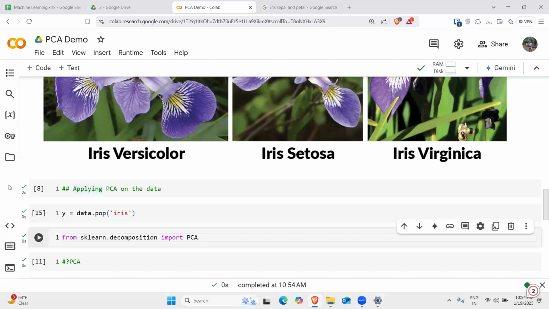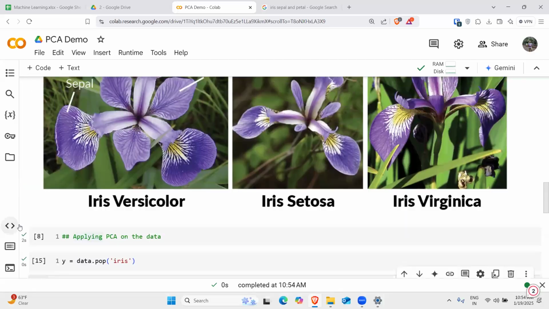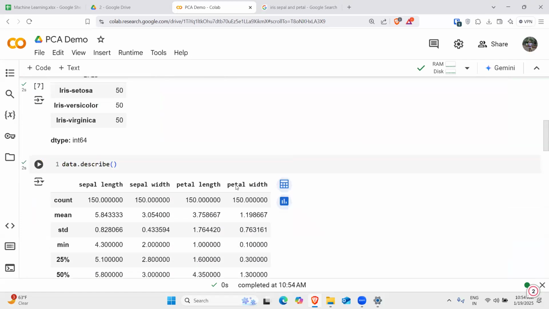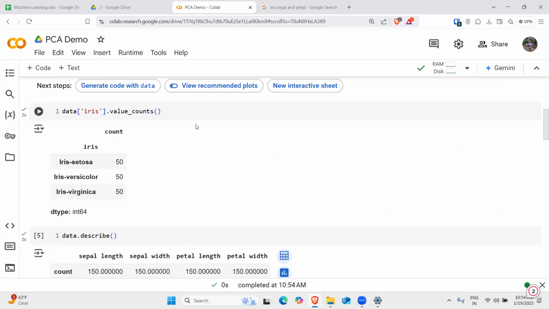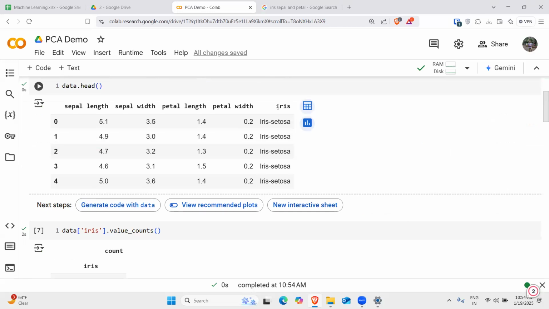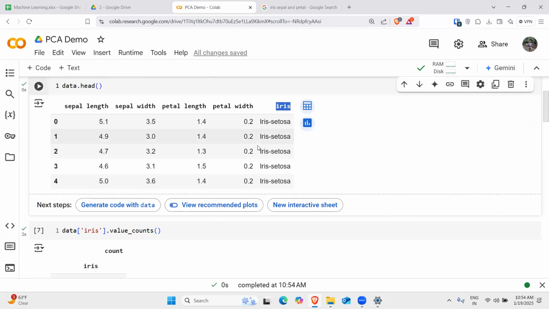That is going to be your target variable. Simple.